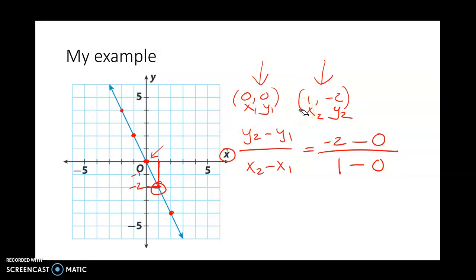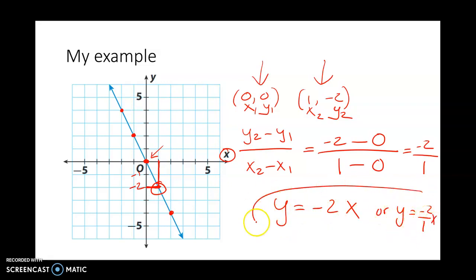Good job. So negative 2 minus 0 is just negative 2. And 1 minus 0 is just 1. And negative 2 over 1 is just negative 2. And then let's put that into an equation. So y equals negative 2x, or y equals negative 2 over 1x. Either one works. They both mean the same thing.